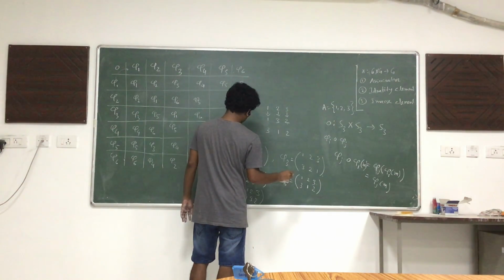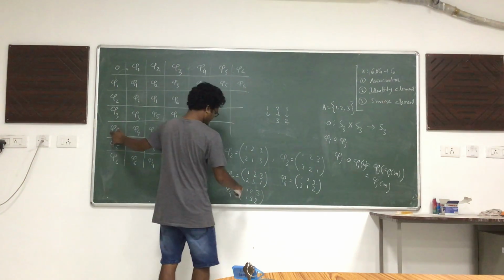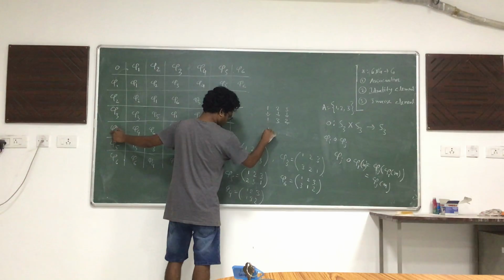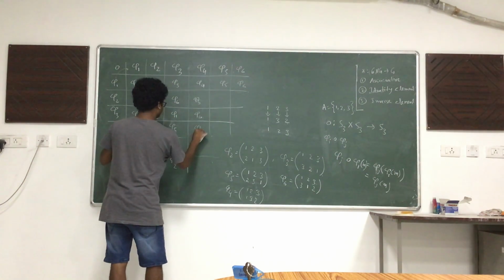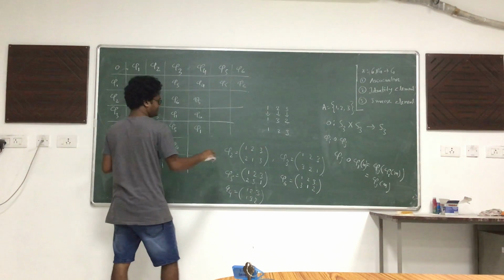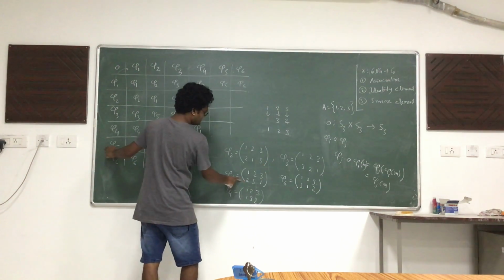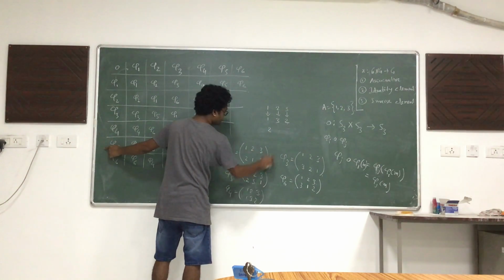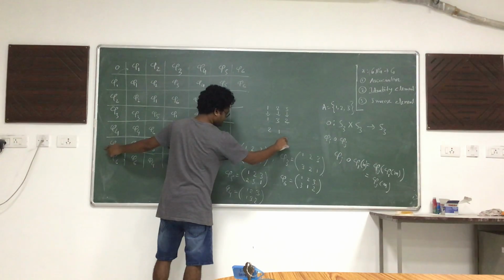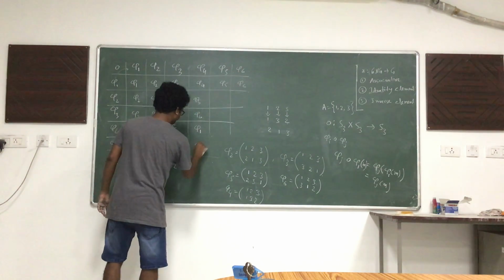And then let us do phi 5, phi 4. So phi 5, phi 4, 1 2, 2 3, 3 2, 2. This is phi 5, phi 1. Phi 5, phi 4, phi 5 inverse, phi 5, phi 4. And then phi 5, phi 5. Where is this? 1 goes to 2, 3 goes to 1, and 2 goes to 3. 2 1 3. 2 1 3 is phi 2.